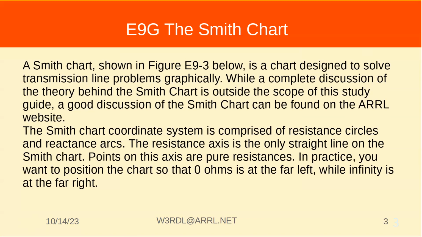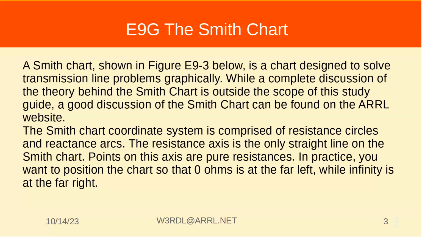It's the horizontal axis. It didn't change. It's the real axis. The rest of them are the imaginary, and in wrapping this thing around into a circle, they change into arcs of constant reactance. And then we have constant resistance circles on it. So it's just a combination of circles and arcs that intersect.